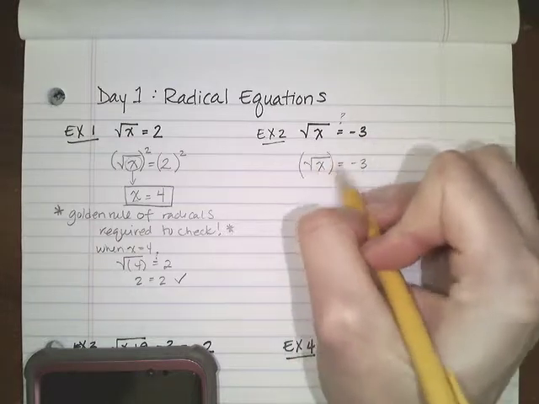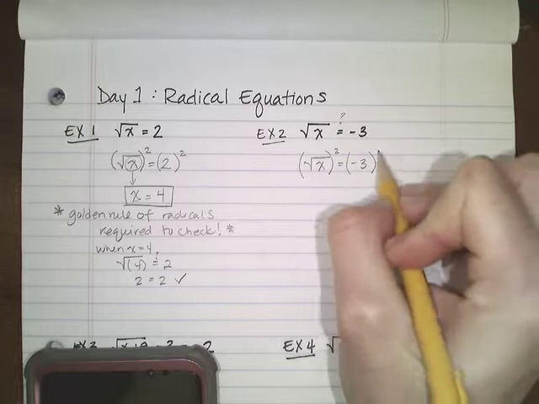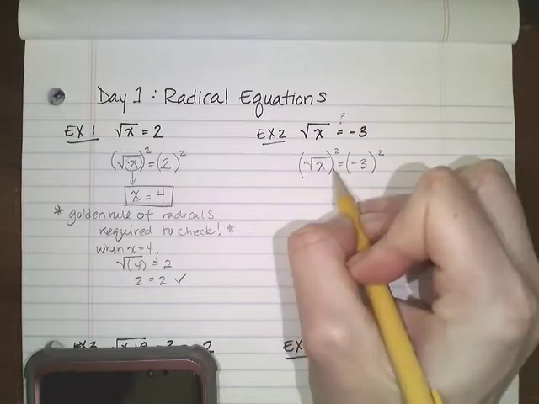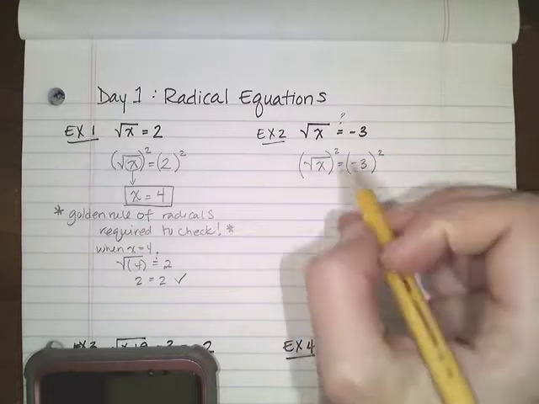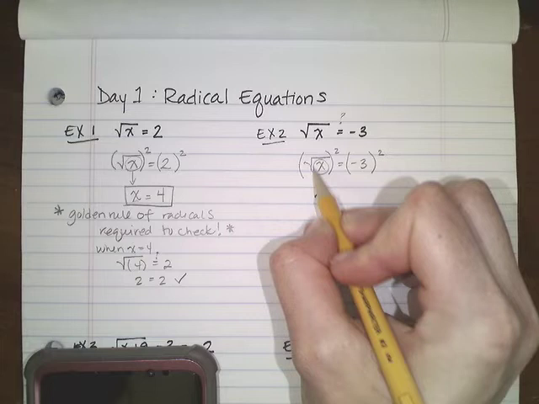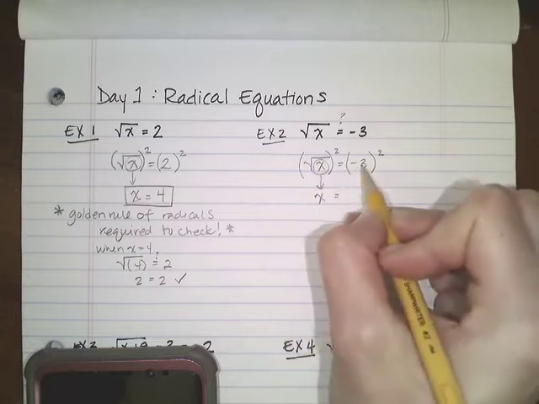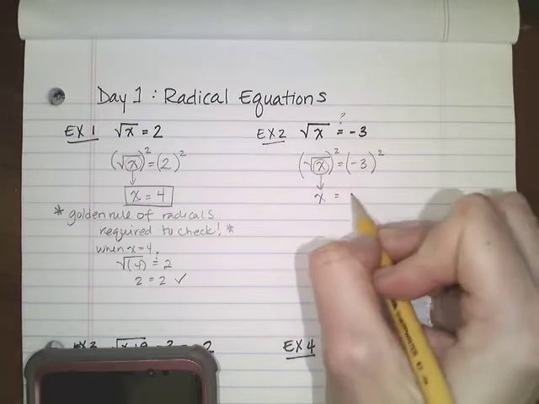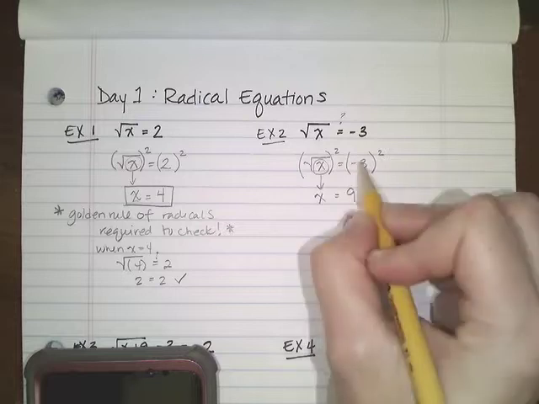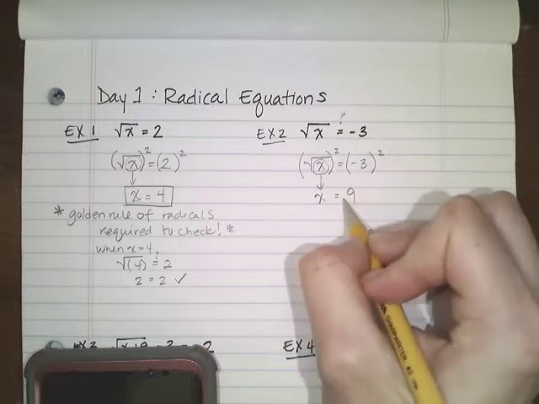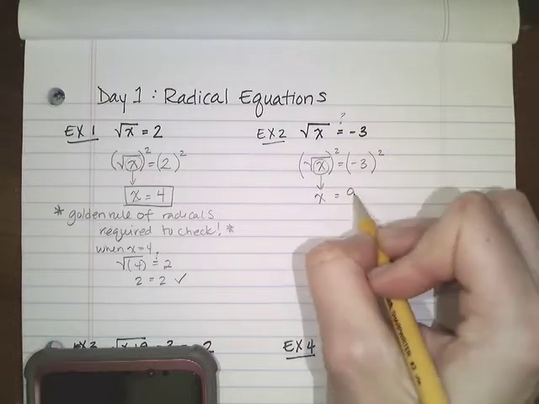I'm going to square the left-hand side and square the right-hand side. I have my radical by itself. It's all alone. I square it, I get an x. Everything that's under the radical comes out. When I square negative 3, I get positive 9. Negative squared is positive. 3 squared is 9.